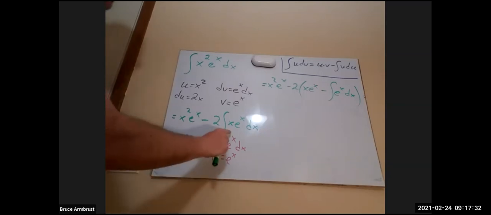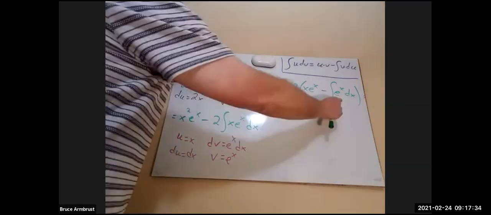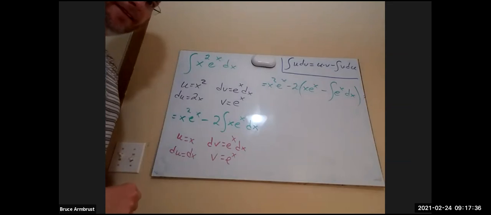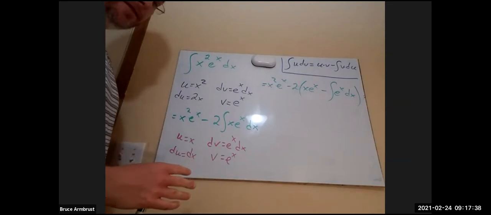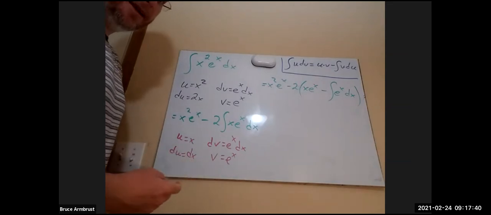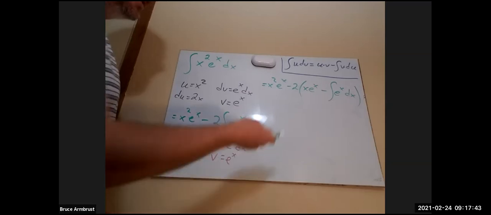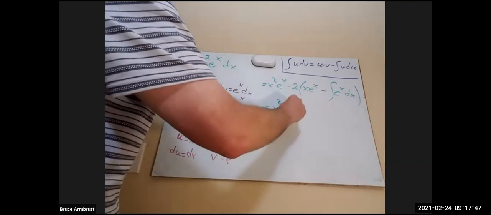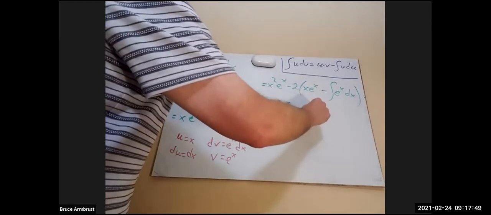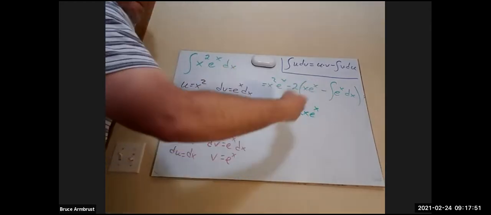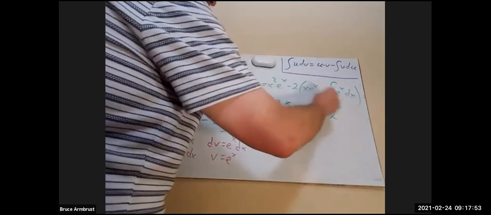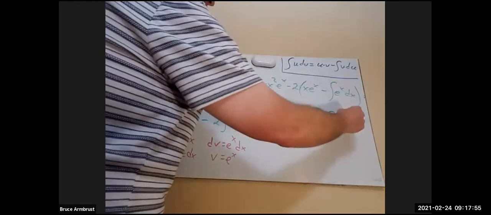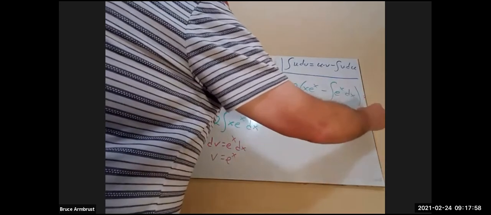So again, we traded out an integral of x e to the x for an integral of e to the x. It's better. I like that integral better, and in fact, I can do that one. So we have x squared e to the x minus 2x e to the x plus 2 times the integral of e to the x, which is e to the x.